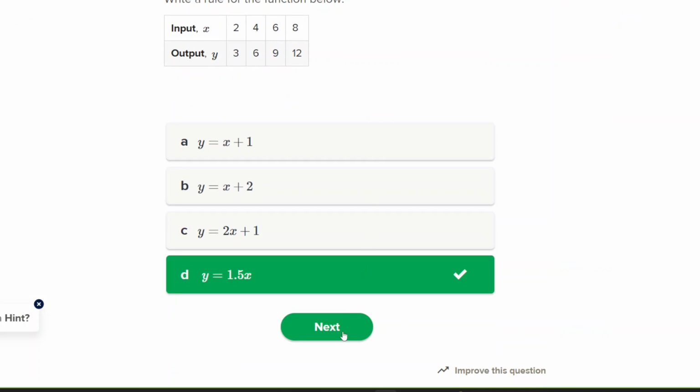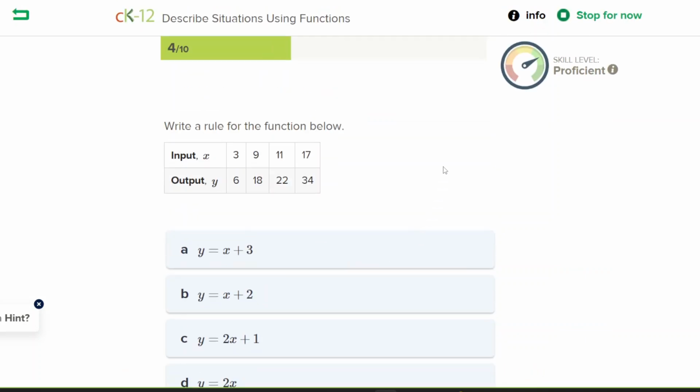All right, and I'll do one final example, example 5. And once again, it's one of these tables, so I'll just run through it again. Now, looking at the options here, is the y coordinate the x coordinate plus 3? No, 9 plus 3 is 12, not 18. The x coordinate plus 2? No, 3 plus 2 is 5, not 6.